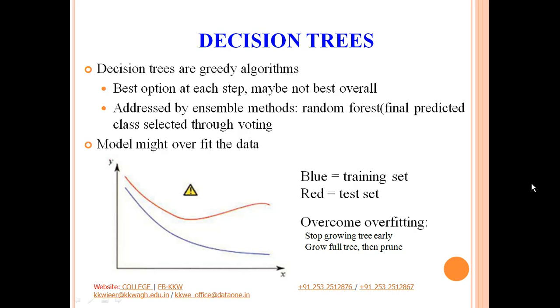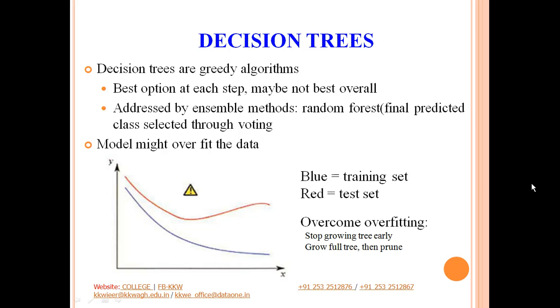How do we overcome this disadvantage? You can address this using ensemble methods. One such ensemble method is random forest. In random forest, we construct multiple trees and use the concept of voting.